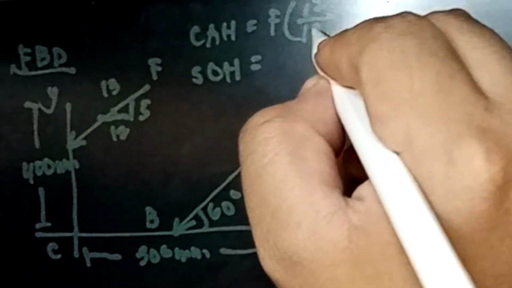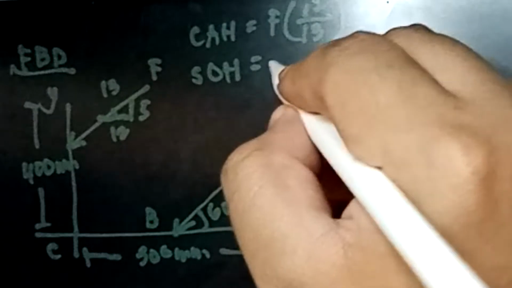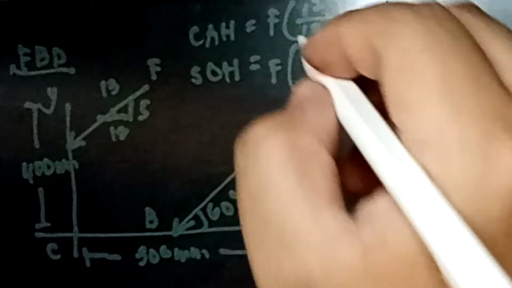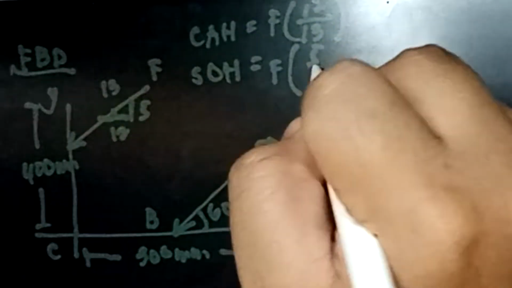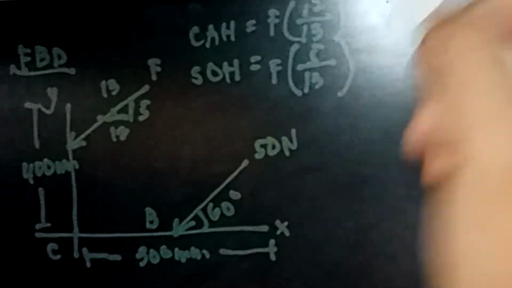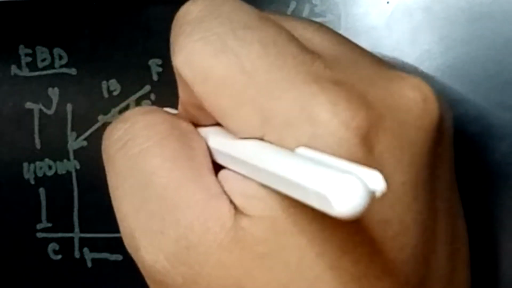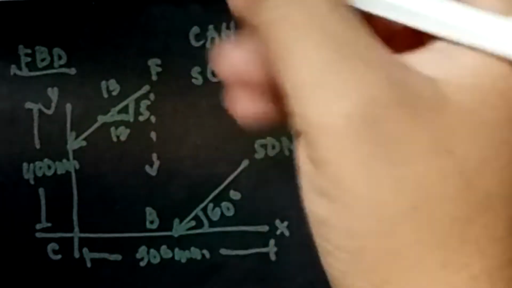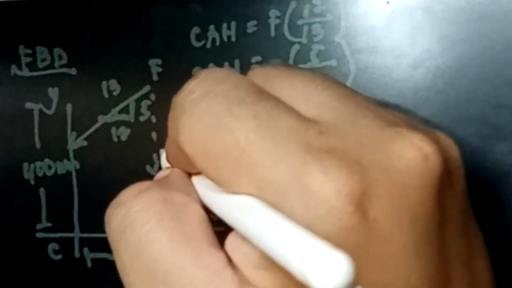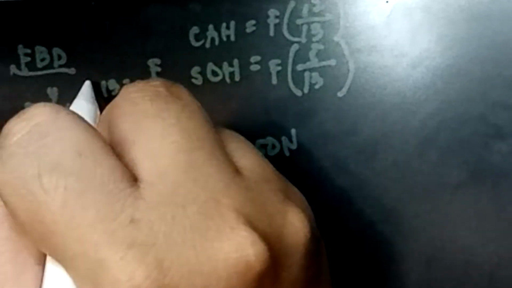Hypotenuse is 13. And sa ating sine is opposite, which is 5. And hypotenuse is 13. So, basically, ito siya. So, ito yung ating Fy, and ito yung ating Fx.